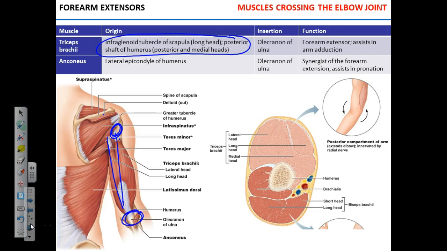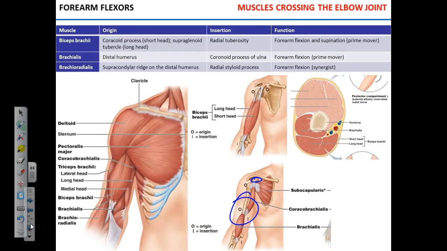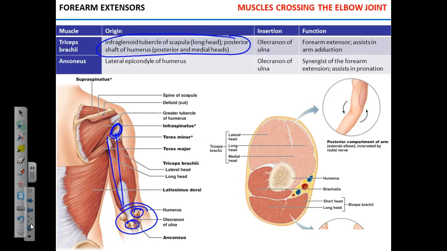Anconeus is a tiny little muscle right here. Very, very small. This is the synergist of the extension of the forearm. Origin is at the humerus, insertion is in the olecranon of the ulna. And by the way, you see that cross section of the upper arm?